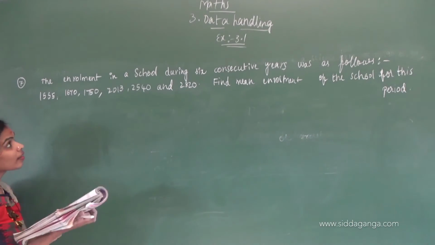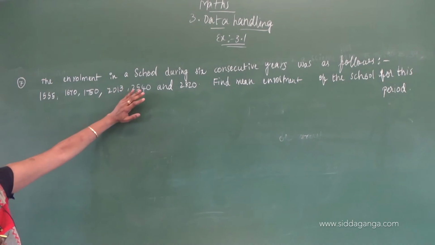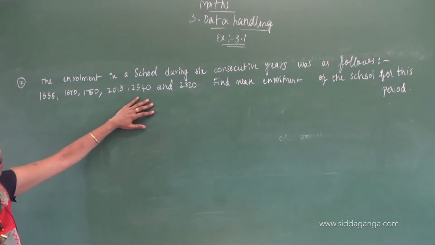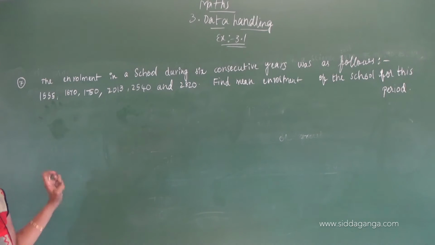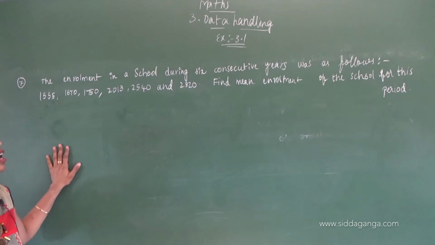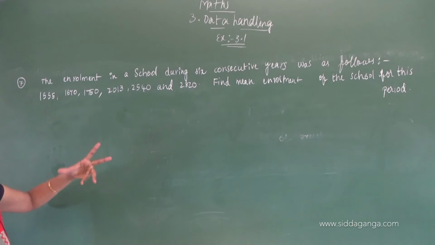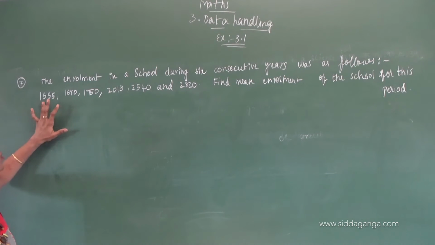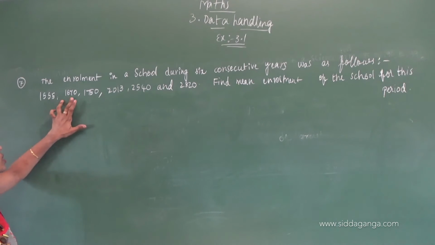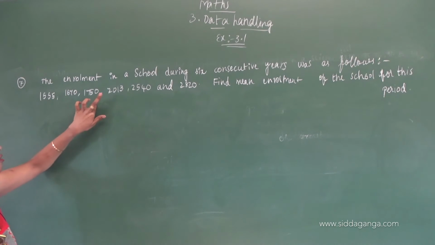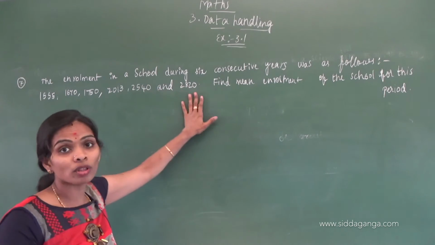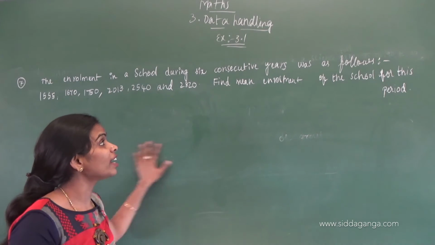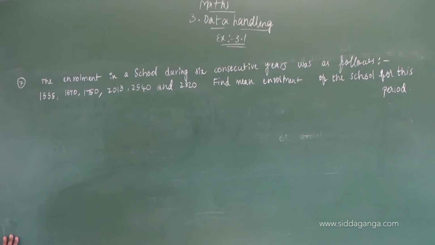Okay, here they are giving what is the question. The enrollment in a school during 6 consecutive years was as follows. The enrollment of the children number they are giving, that is 1555, 1670, 1750, 2030, 2540 and 2820. Find mean enrollment of the school for this period.